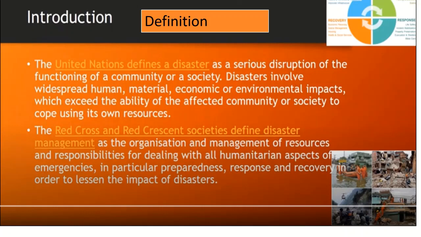Disasters involve widespread human, material, economic, or environmental impacts which exceed the ability of the affected community or society to cope using its own resources. It means that the situation wherever a disaster takes place is very difficult, and therefore pre-planning for such kind of areas is very important.